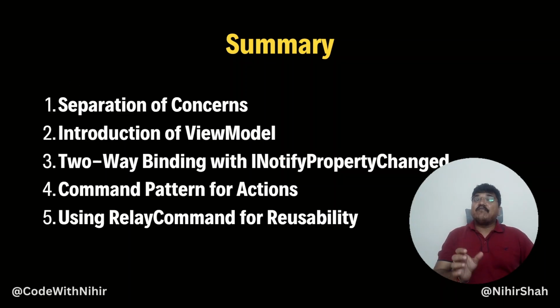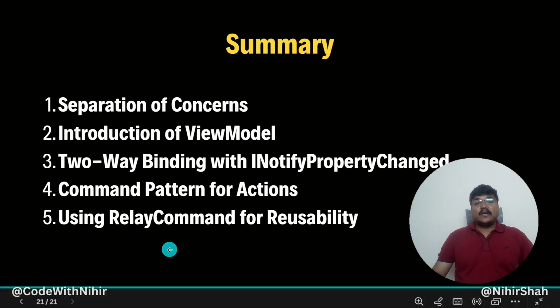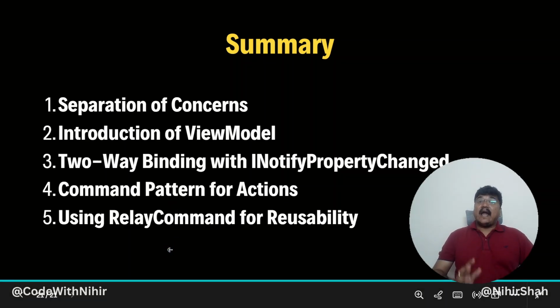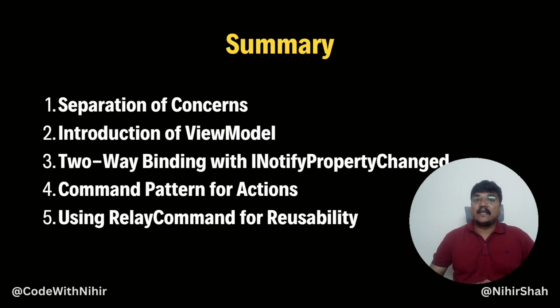Then we understood the MVVM pattern. Then we understood how to implement two-way binding with the help of the INotifyPropertyChanged interface. Later on, we understood the command pattern for action. And finally, we also understood the relay command and why it is necessary. It is necessary for reusability.